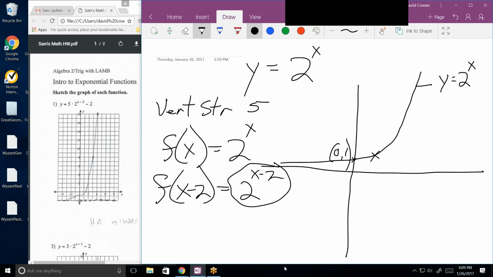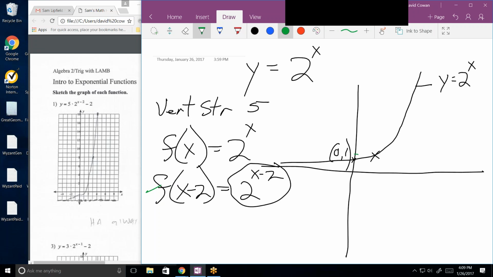Okay? So I want to draw these one at a time, because if I draw all three of the transformations, it's not as easy to see. So in green, I'm going to do this one. The way I would shift this black line, in other words, this is 2 to the x, but I want to graph 2 to the x minus 2.